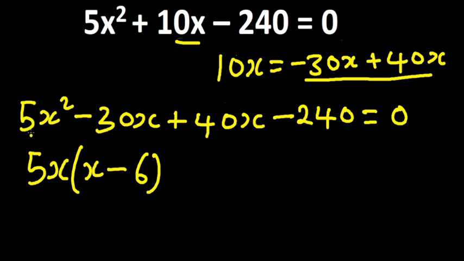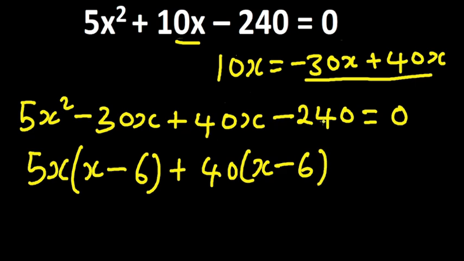Also, 30 divided by 5 is going to give us 6. So, x minus 6, plus. Now, the greatest common factor between 40x and 240 is 40, because if you multiply 40 by x, you're going to get 40x, and if you multiply 40 by 6, you're going to get 240. Also 240 divided by 40 is 6, so x minus 6 equals 0.